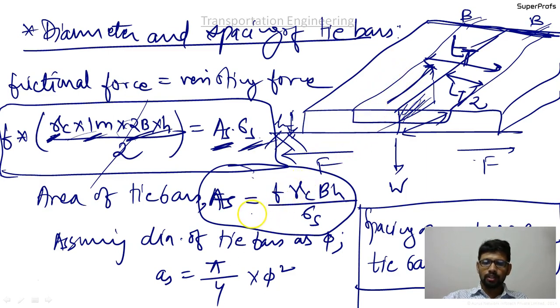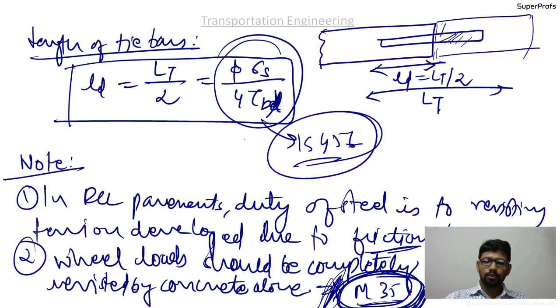Based on the area of cross section of tie bars, we will be able to find out the spacing of tie bars from this formula. So we will use this first concept to find out the spacing of steel bars, and the minimum length of the tie bars we will be calculating using this formula. LT will be the minimum length.